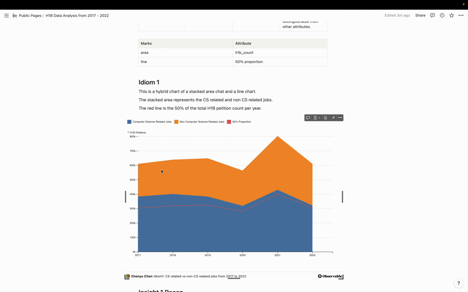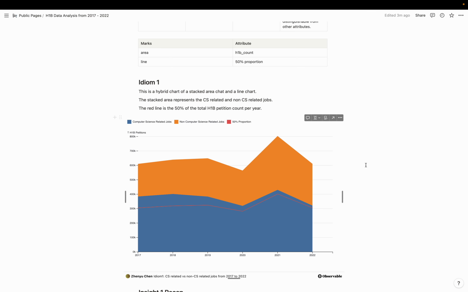So here we can see from the legend that the blue one is the computer science related jobs, and the orange one is the non-computer science related jobs, and the red is the 50% proportion line.